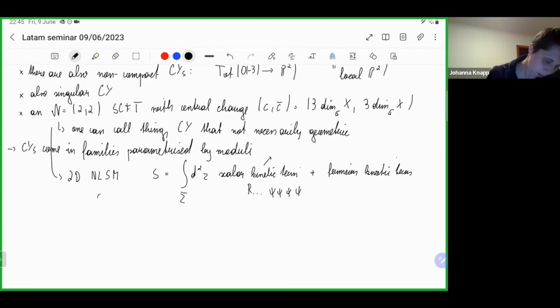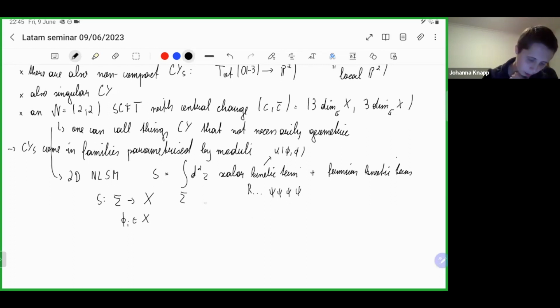So for the scalars, the theory itself is a map from the Riemann surface into a target space, which I call X for a reason. It's a Calabi-Yau, and the scalar fields are coordinates on X, and X is a Kähler manifold. So this has a Kähler potential in the fermion term and in the scalar term. And you analyze the theory and find that there are four independent supersymmetries.